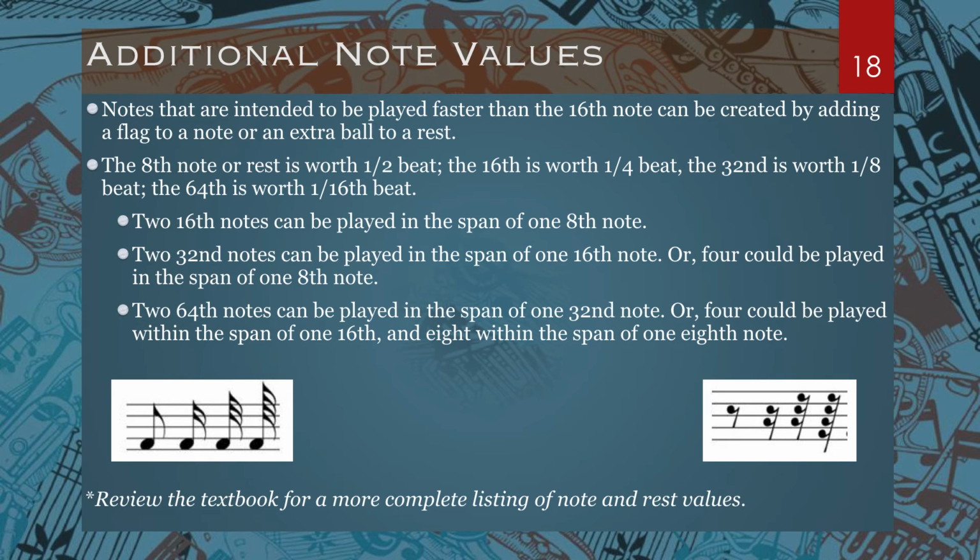It has 3 flags, and then you add another flag, and you make the note value twice as fast again, and you get a 64th note. So you can keep going. You can go to 128, 256, it doesn't matter. You can keep adding as many flags as you need to get the note value you want.